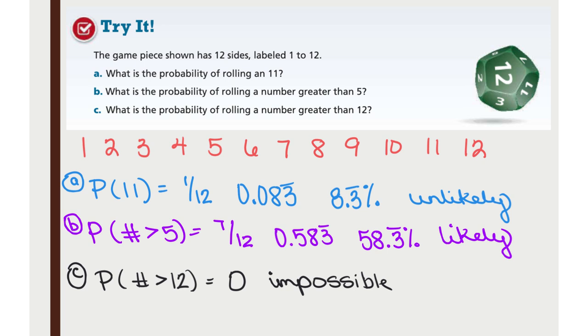What is 50-50? That's equally likely. Is equally likely the same as being fair? Not necessarily. Tell me something that is fair, but not equally likely. It's fair, but it is not equally likely.